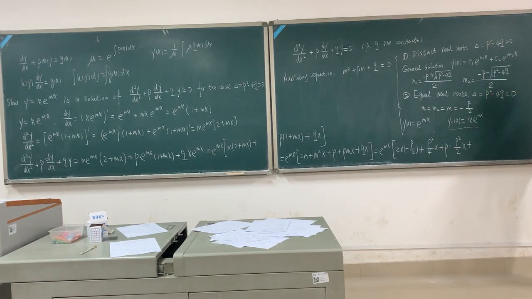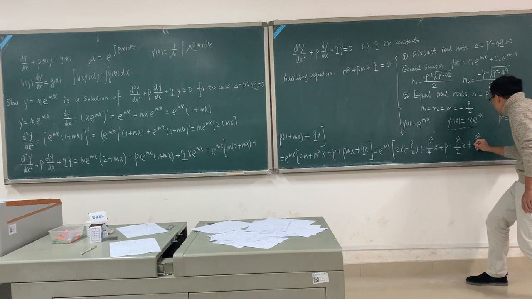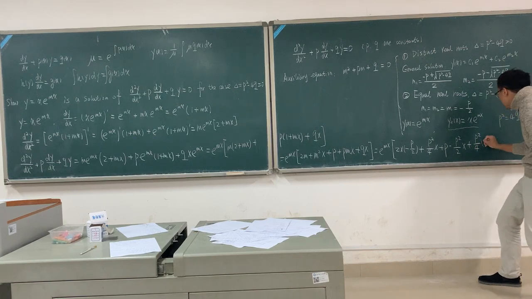Because in this case delta equals 0, this means p square equals 4q, so q equals p square by 4, so q is p square by 4 times x.